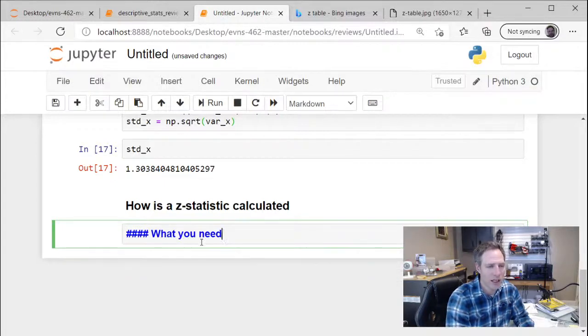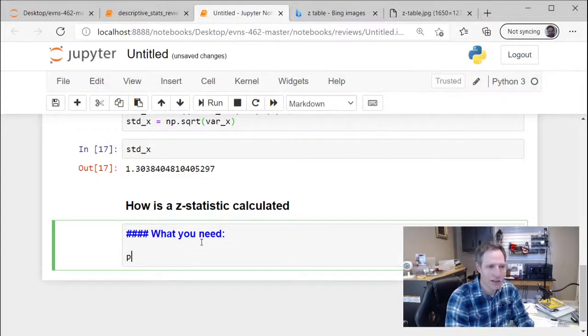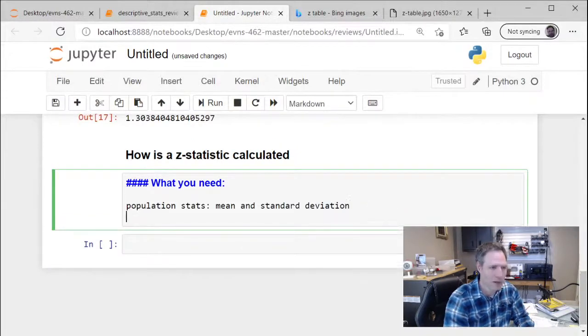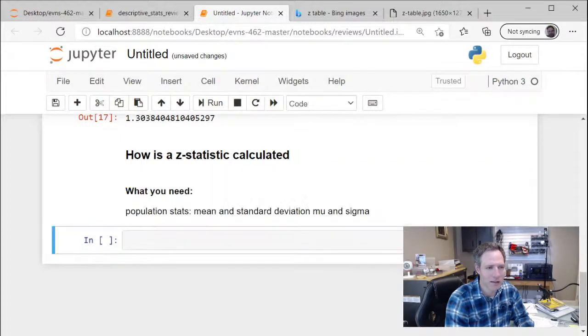What you need is the population statistics, mean and standard deviation. Typically those would be given to you, or they'd be knowns. These are abbreviated with the Greek letter mu and the Greek letter sigma.